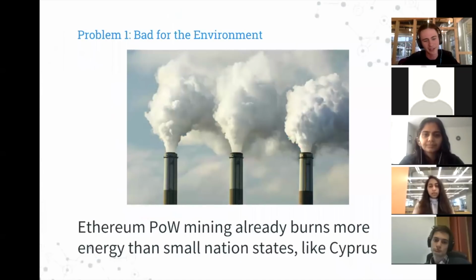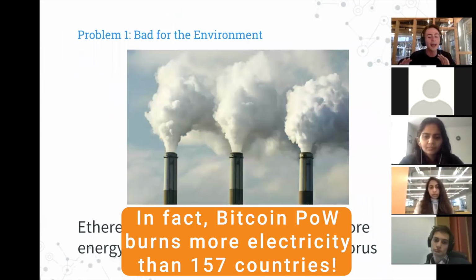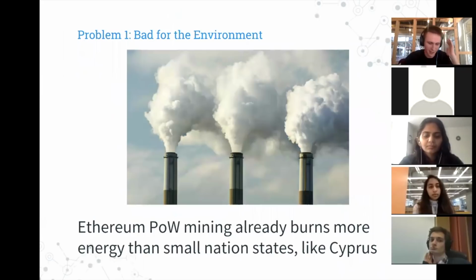This is very exciting. So first, of course, Ethereum proof of work already burns more energy than small nation states. And I think we can do a lot better than that, right? We can certainly create a protocol which is as cost effective as possible. And being cost effective means that we as users on the network don't have to pay the miners so much, right?